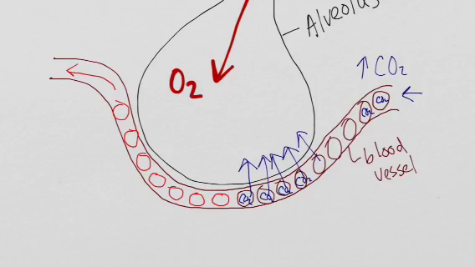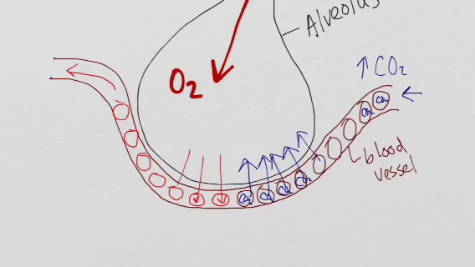And oxygen is in a higher concentration where right now? In the alveolus. There's more oxygen in the alveolus than there is in the red blood cell. Where is the oxygen going to want to go? It's going to want to go from the alveolus to the actual blood cells.